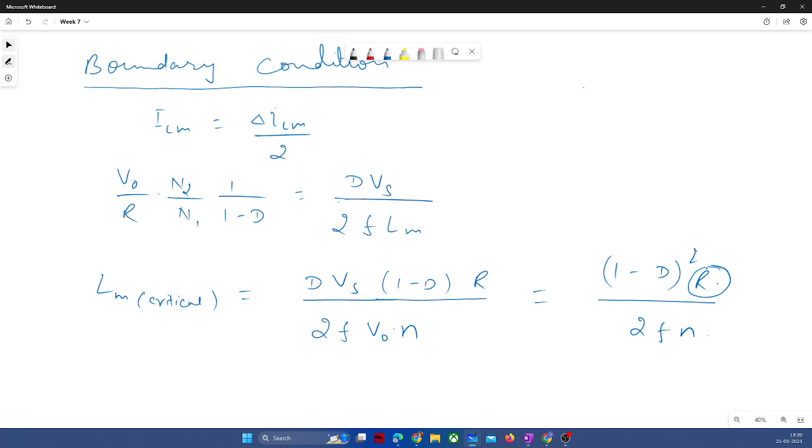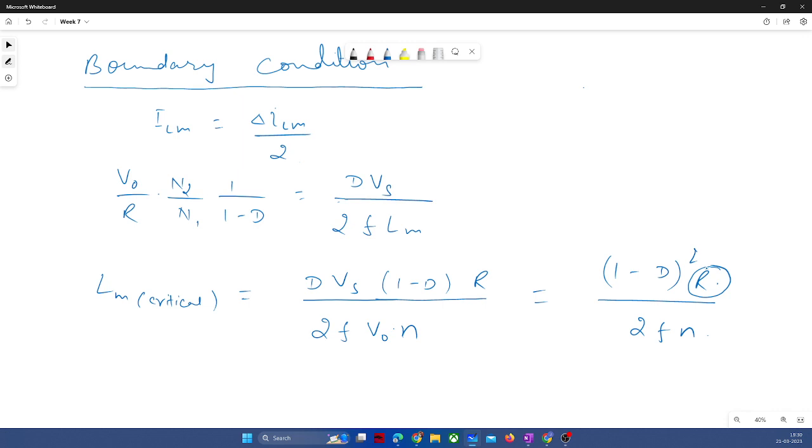For suppose 20 or 25% of the full load current level, then for the region from 20% to 100% load, it is going to be in CCM mode. And many times while you design the converter, you will know for how much operating region it will vary, so you will design accordingly.